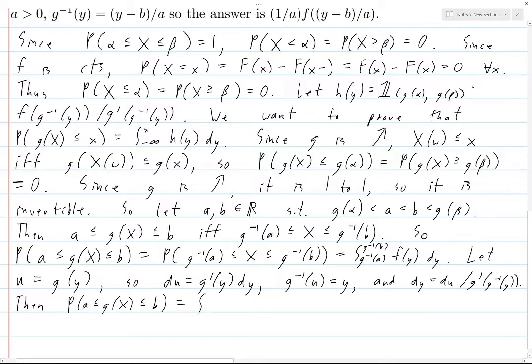When y equals g inverse of a, u is g of g inverse of a, which is a. And similarly, the upper bound will be b. And then instead of f of y, we have f of g inverse of u, since y is g inverse of u.